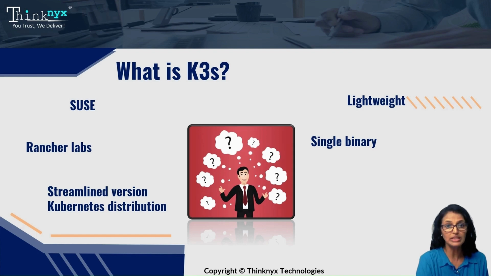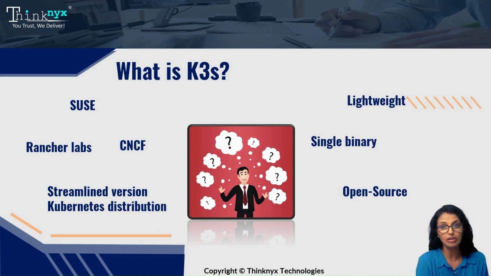K3s ensures that YAML configurations designed for Kubernetes will seamlessly apply to K3s clusters. K3s is now recognized as a fully compatible and CNCF conformant Kubernetes distribution, conveniently packed in a single binary that encompasses all the necessary components for running Kubernetes.